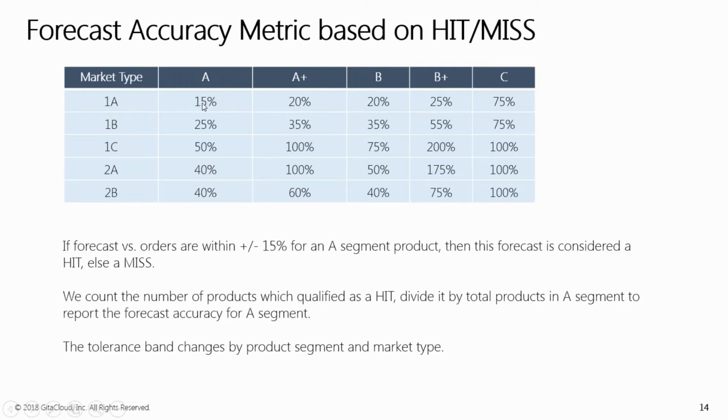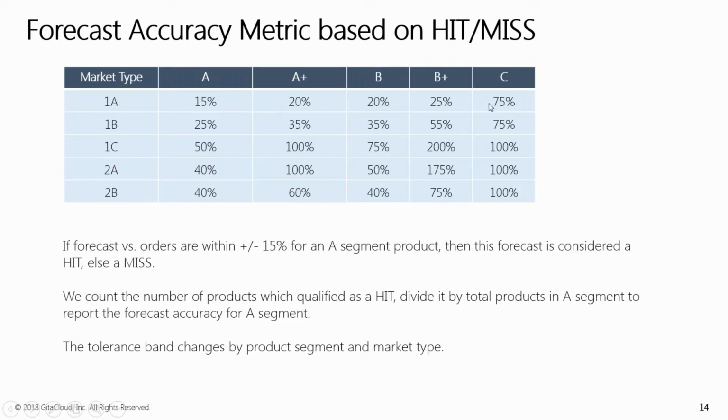So like a typical ABC classification. So for market type 1A, 15% means that if the forecast purchase orders are within 15% of an A segment product, then this forecast is considered a hit, else a miss. So if Dabur's team came up with a forecast, and if it is within plus or minus 15% of the actual orders that came in, then they say this is a hit.